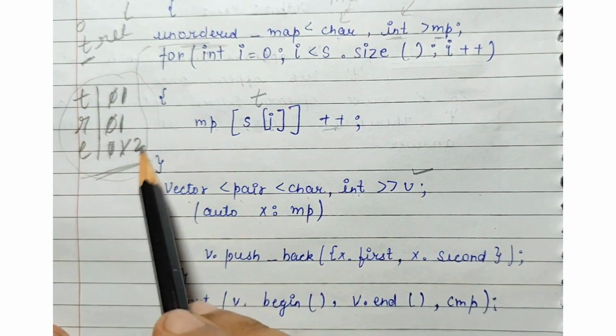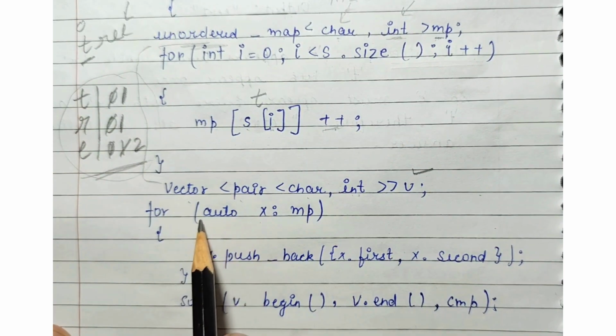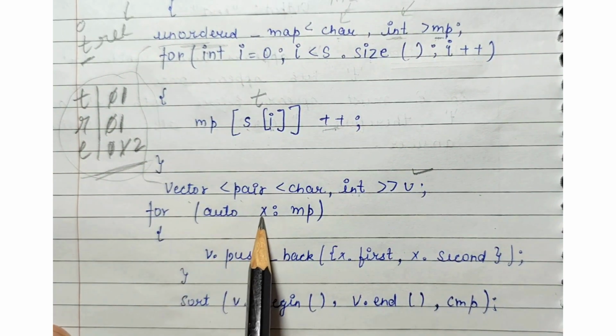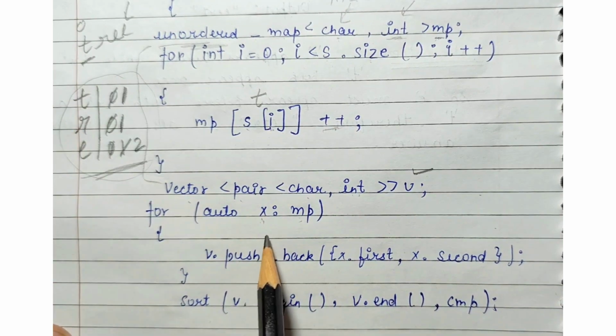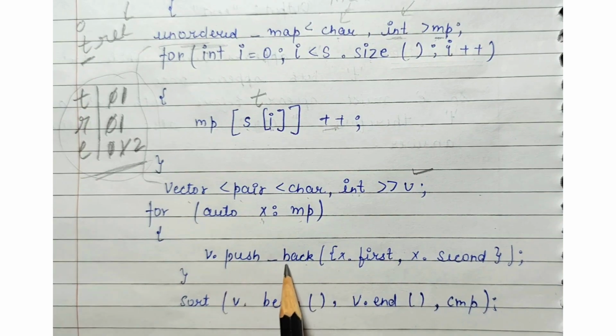Now how to traverse this map? Here I write a for loop, where x is an auto variable. It traverses element by element from the map. First I fetch the first value, then push_back is an inbuilt function in vector.